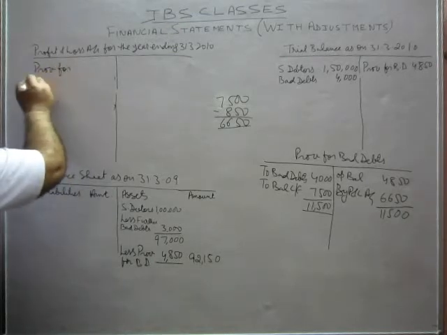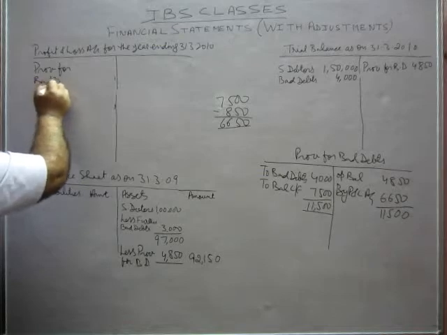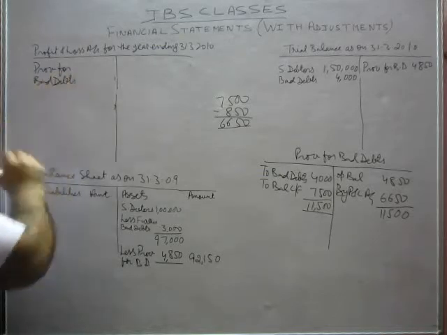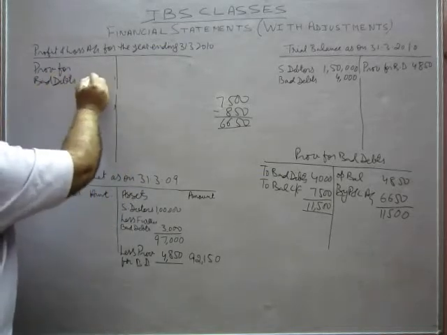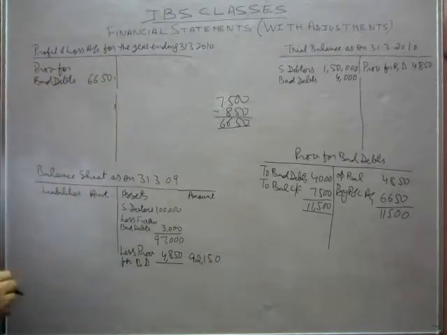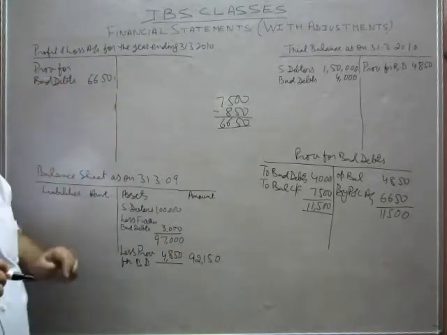Provision for bad debts. How much? 6,650. Net figure. This is the figure.